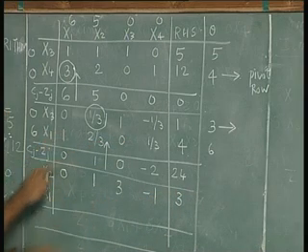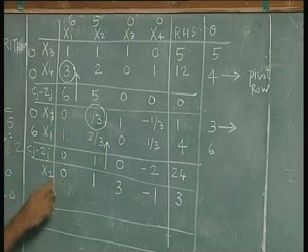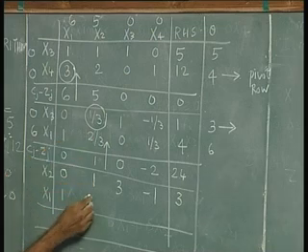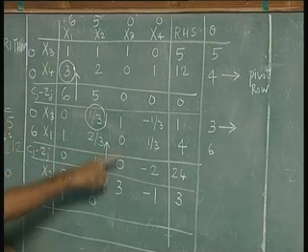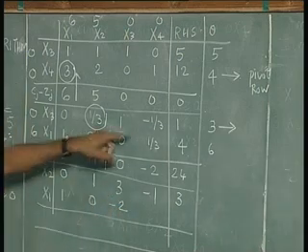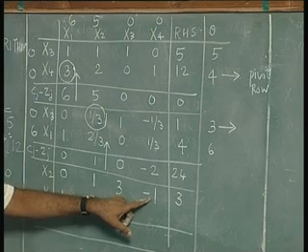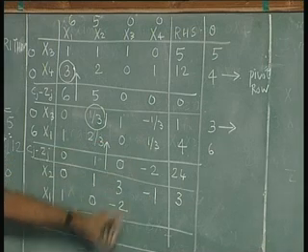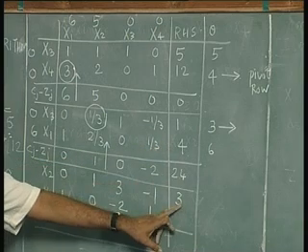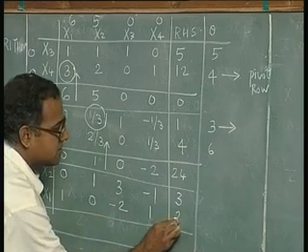So 1 minus 2 by 3 into 0 is 1, 2 by 3 minus 2 by 3 times 1 is 0, 0 minus 2 by 3 into 3 is minus 2, 1 by 3 minus 1 into 2 by 3 is 1 by 3 plus 2 by 3, which is 1, 4 minus 2 by 3 into 3: 2 by 3 into 3 is 2, 4 minus 2 is 2.